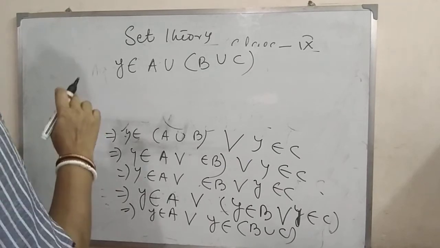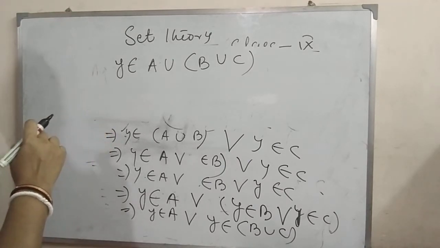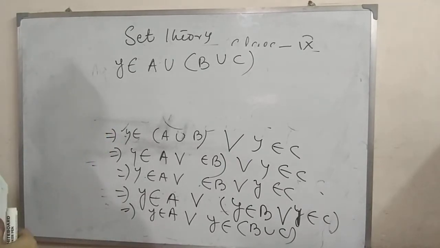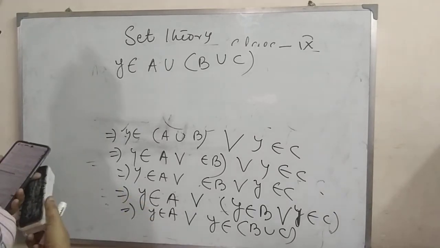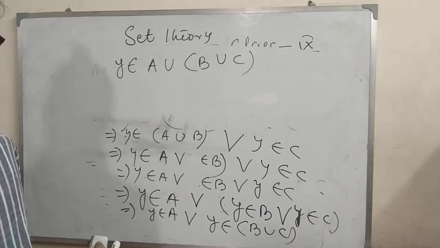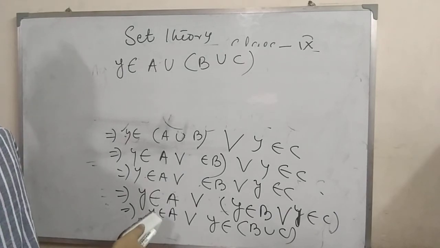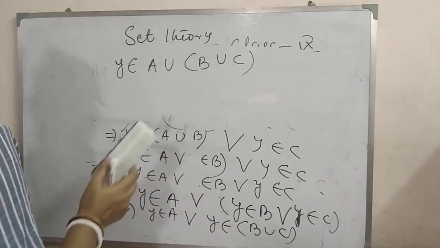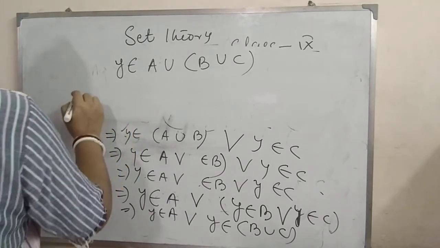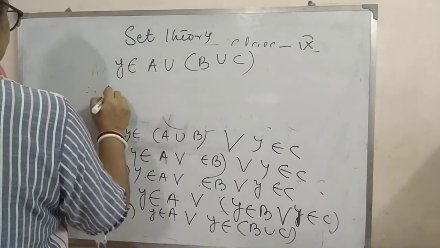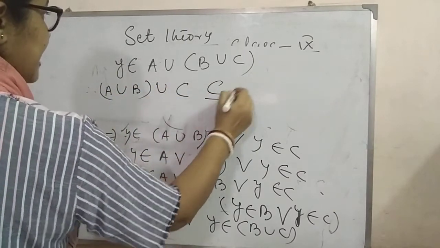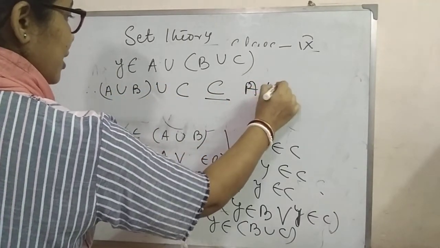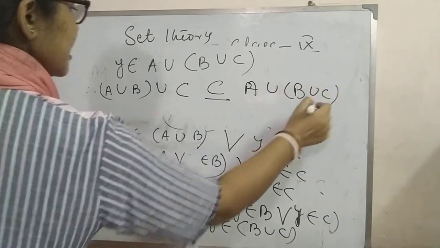That is, y belongs to A union (B union C). That means I can write (A union B) union C is a subset of A union (B union C).